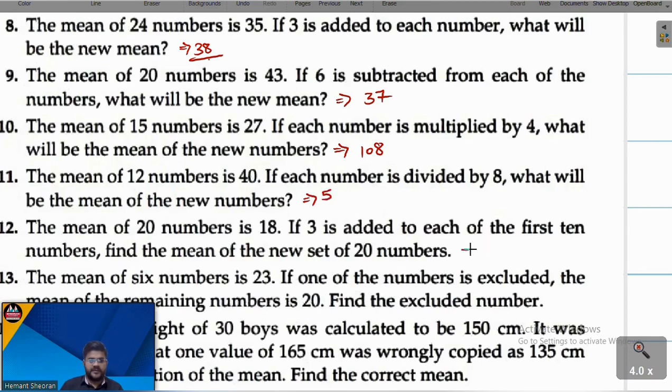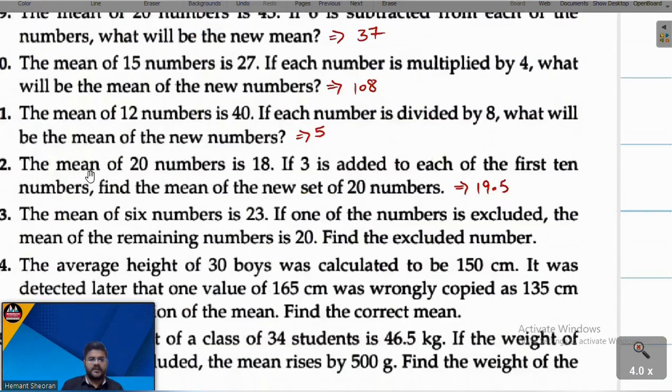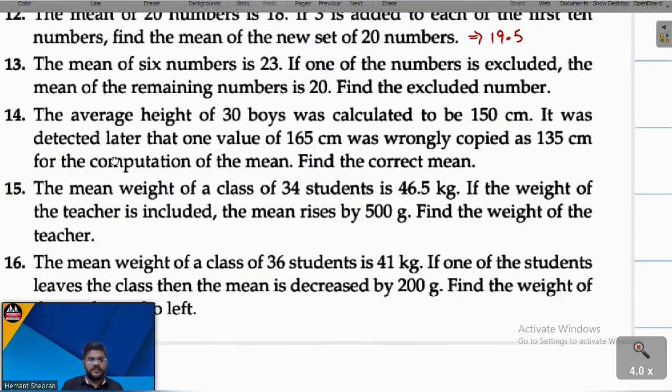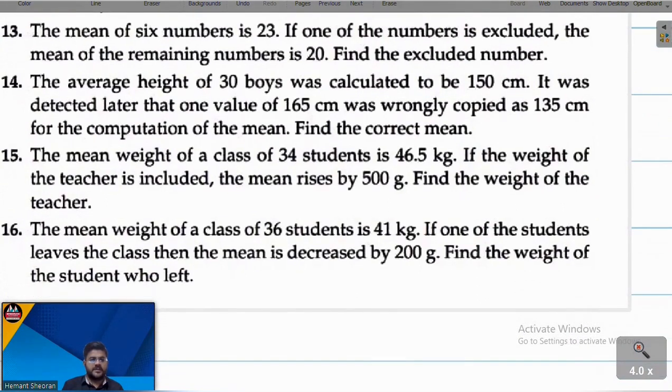How much are you having? 19.5. 19.5 you got. Good. Then question number 13. 38. Just a second. For question number 13, yeah, the sixth number or the excluded number will be 38. Okay, question number 14. 151. Okay, 151 centimeters is correct. Okay, question number 15.